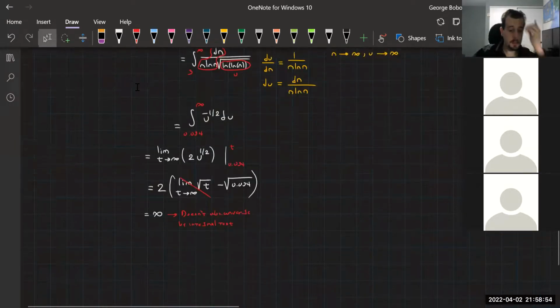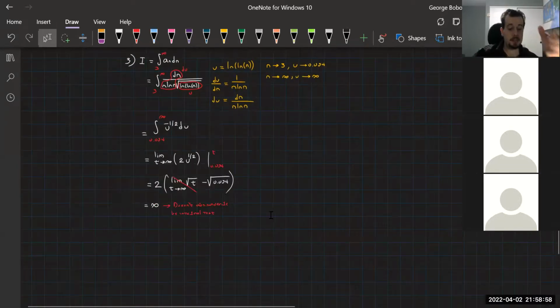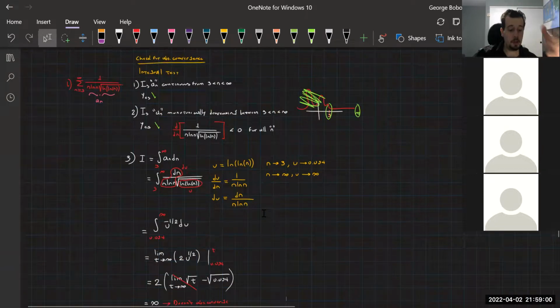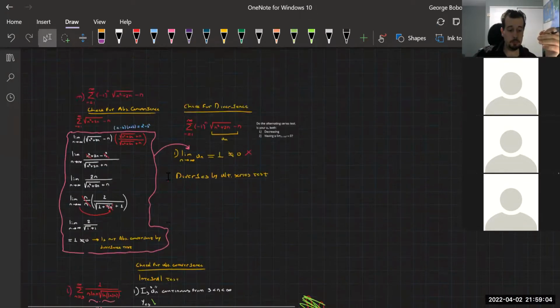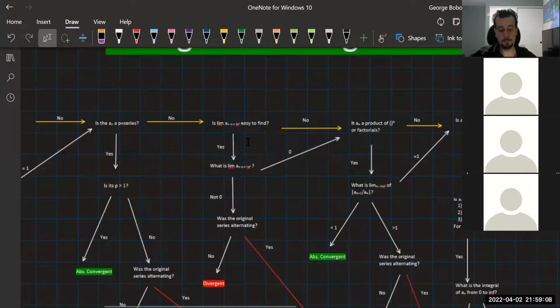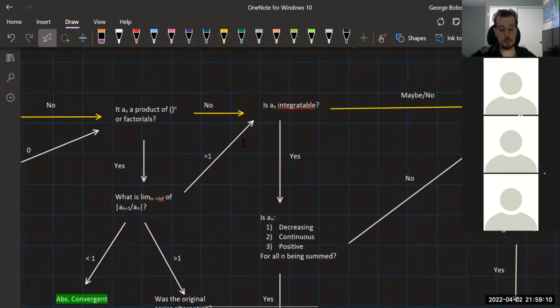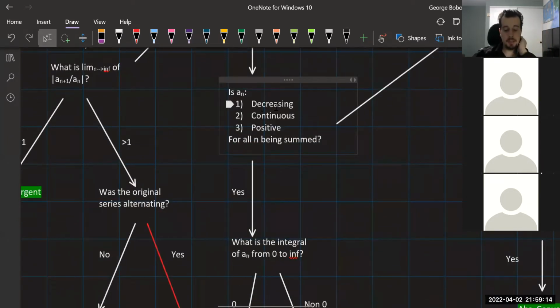Now, this guy is not an alternating series. I need to tell you that. Let's follow the chart because we've gotten lost. We were here. So is a_n integrable? Yes. Is it decreasing, continuous, and positive? Yes, yes, yes, for all the n being summed.